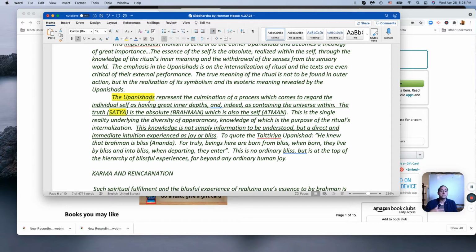Is the absolute Brahman, again, God, the world soul, which is also the self, Atman. So God is this life giver, this world soul. He's not a person, or she. It is not a person. And that Atman, our Atman is our soul, our essence. And that is part of the great Atman.